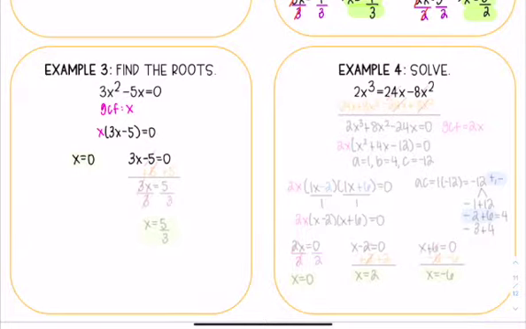The first one we don't have to do anything with because it's already solved for x. For the second one, we want to make sure we add 5 to both sides. And so we end up with 3x equals 5. And the last step is to divide both sides by 3.